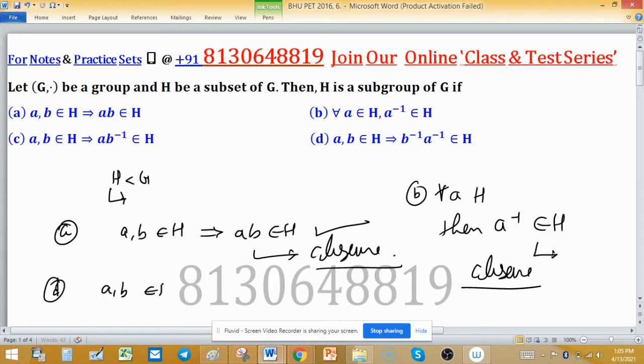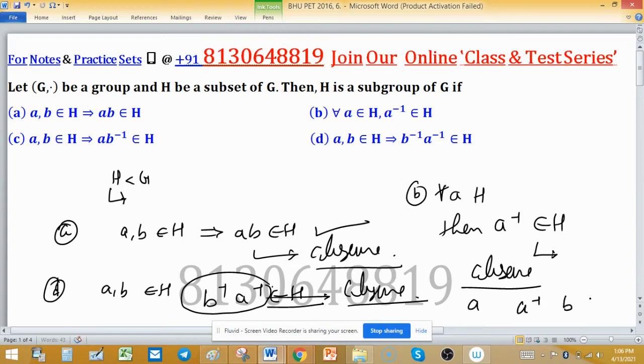If a and b are in H, then b inverse a inverse is also in H. This property says elements satisfy closure, but we state closure for all elements, whereas here they are combining only inverse elements. Suppose H contains a inverse, b, and another element c.